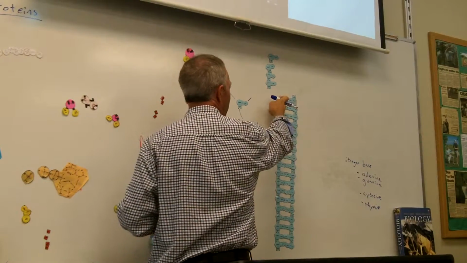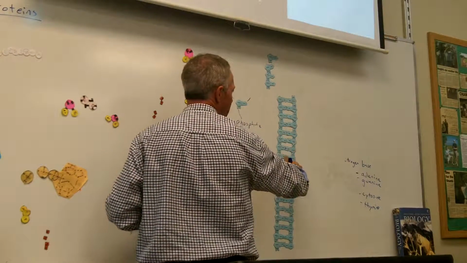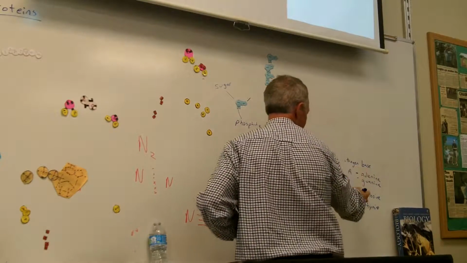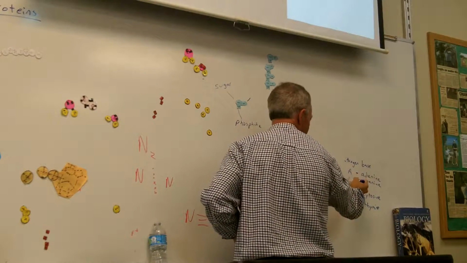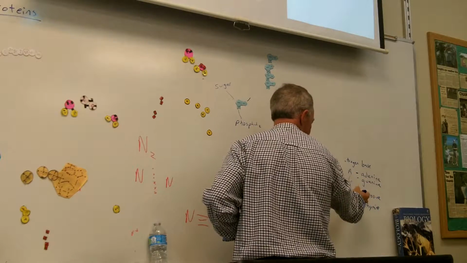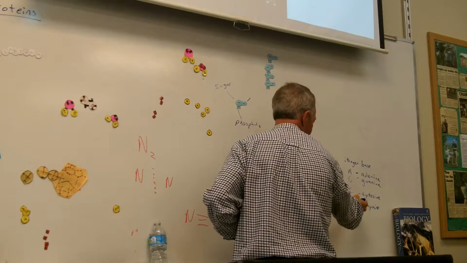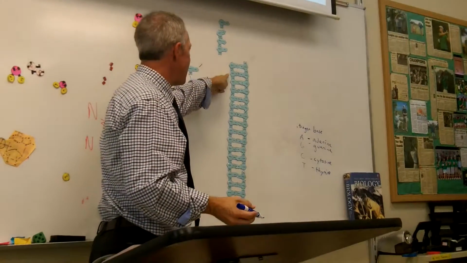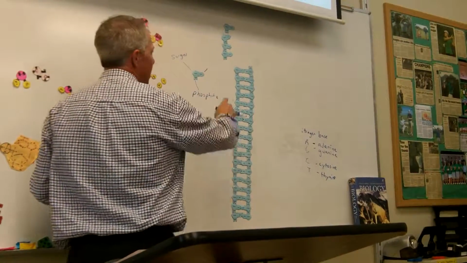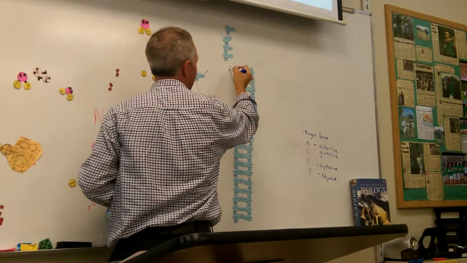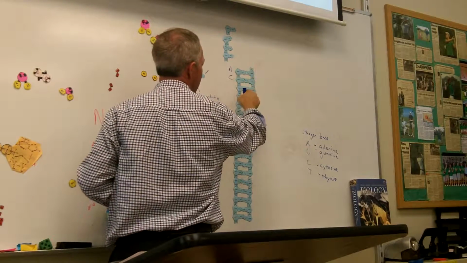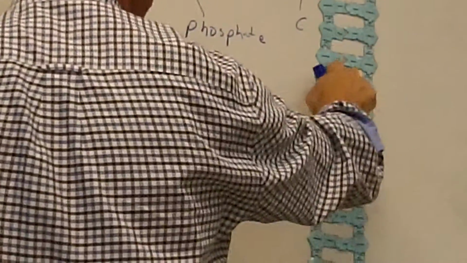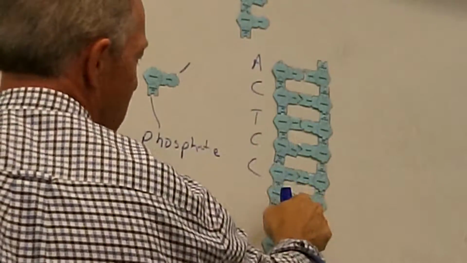So if you were to look at these letters, adenine will use the letter A to stand for adenine. Guanine will use the letter G. Cytosine will use the letter C. And thymine will use the letter T. So if you were to read down the DNA strand, this is an A, that is a C, that is a T, that's a C. I know you can't see it from where you're sitting, but I'm just reading the letters.